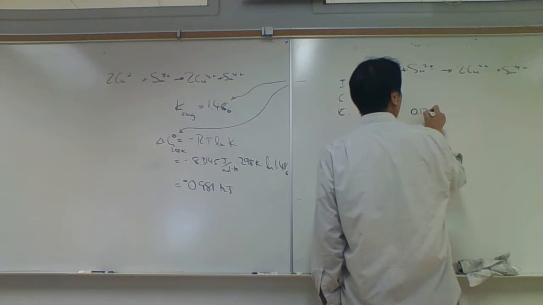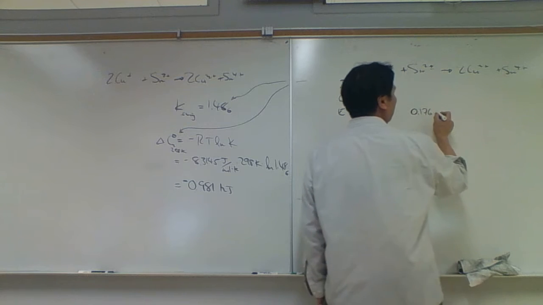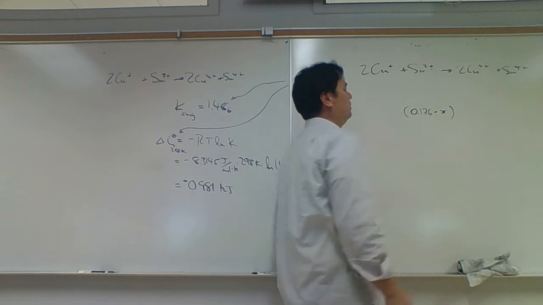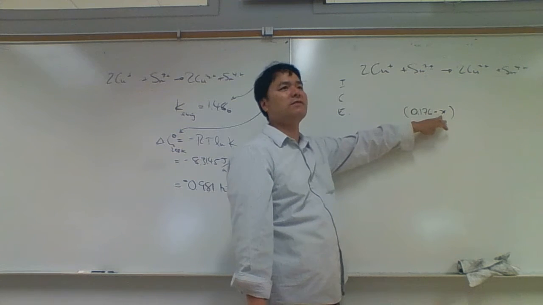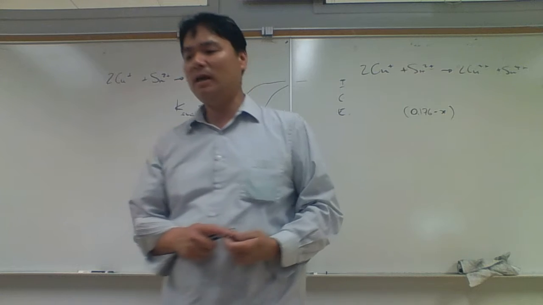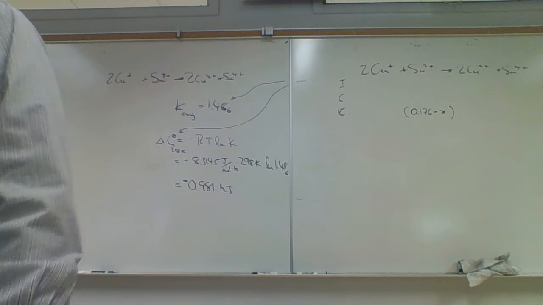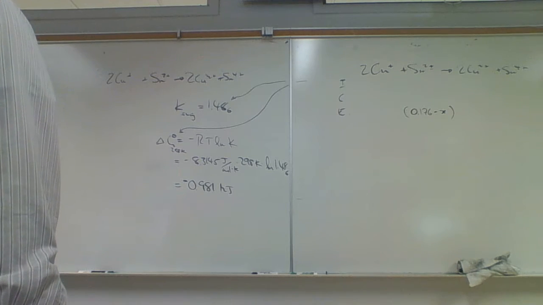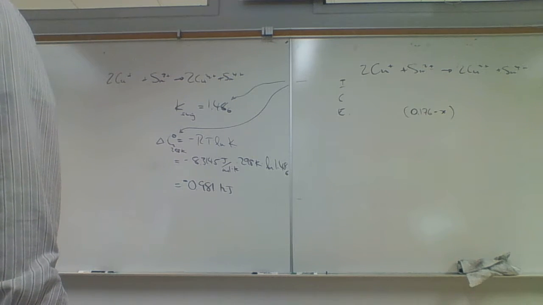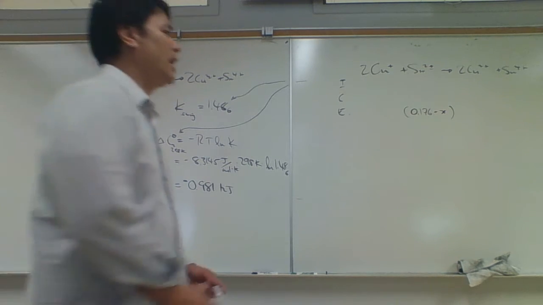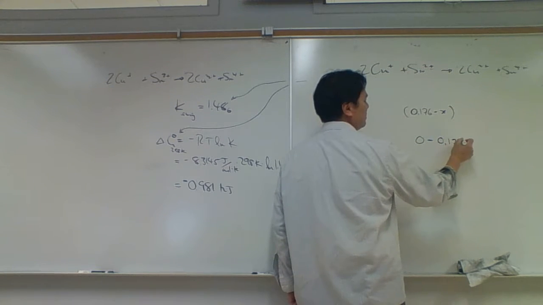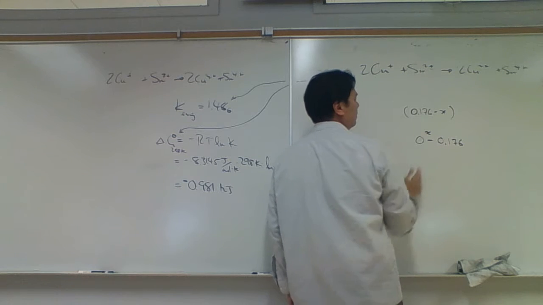Can we end up with negative molarity of tin? Is it possible that if x is greater than 0.176, we'd end up with negative molarity of tin? If somebody asks you to make some negative 6 molar sodium chloride, is it possible? No. And so we know that x has to be between 0 and 0.176 here.